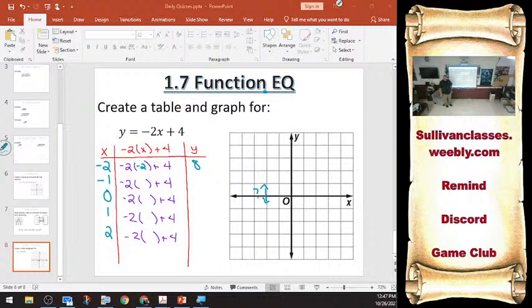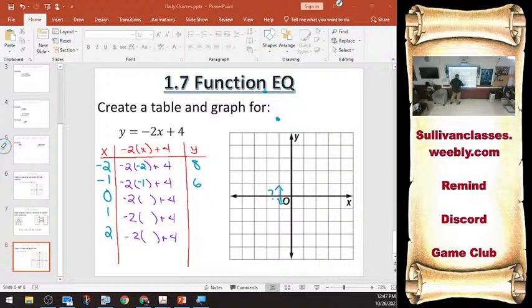I can't even fit it on my graph. So I keep going. Next, I'll try -1. See what happens. What's -2 times -1? +2. 2 plus 4 is. So at -1, I'll get 1, 2, 3, 4, 5. You know what? I'm going to go a little off-road for that one. I'll go one off-road. I'm okay with that.